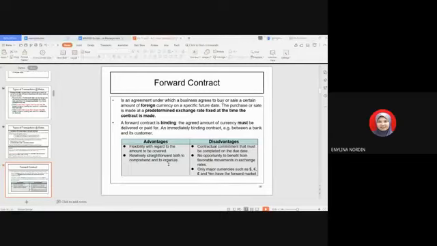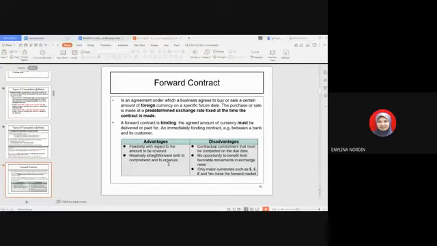If the company forecasts that the home currency exchange rate is estimated to decline in future, the company enters into the forward contract and locks in today's exchange rate. So you lock the spot rate to be used in future.